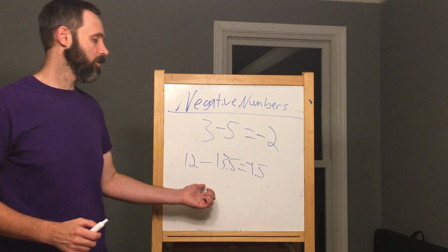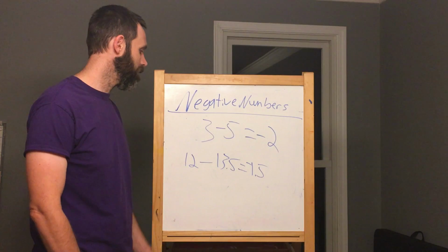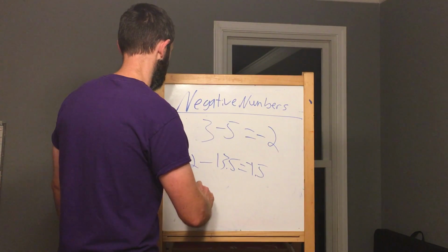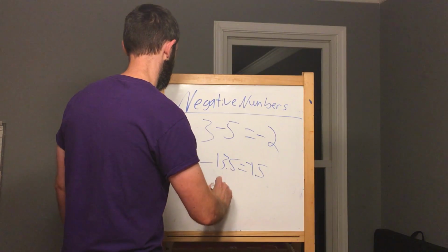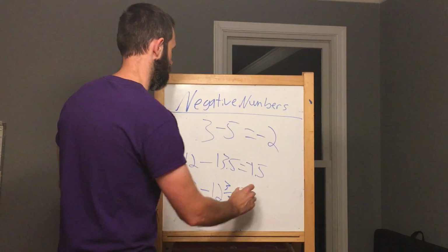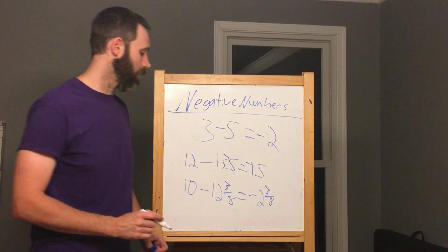I can't tell you the number of students, bright students, that would look at that and be like, what is that? And especially when I throw in this decimal, or let's just add a little bit to it, 10 minus 12 and 3/8, right? My answer is going to be negative 2 and 3/8, right?